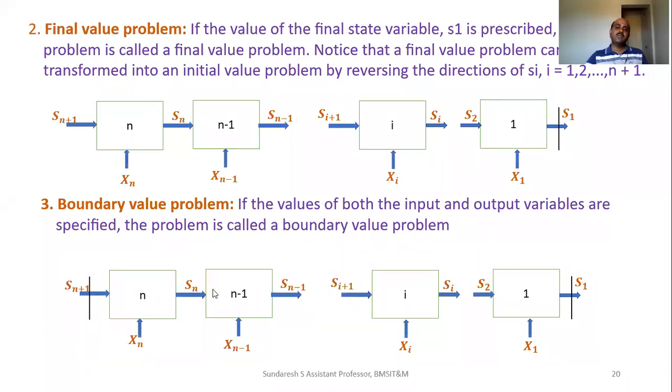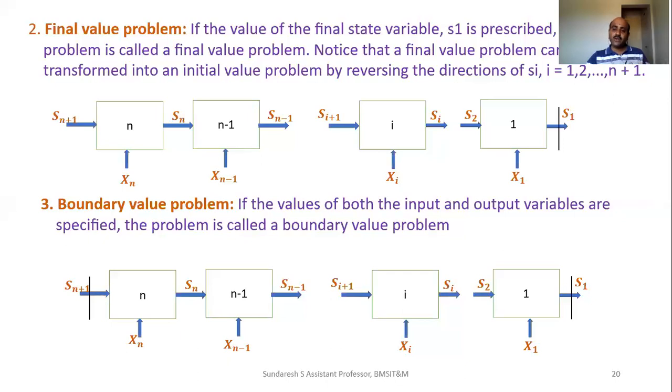Please remember, this is how we categorize the multi-stage decision problems. When you are solving problems, be careful and look at this line. Sometimes in the problem statement, you have to decide whether to treat it as an initial value, final value, or boundary value problem.